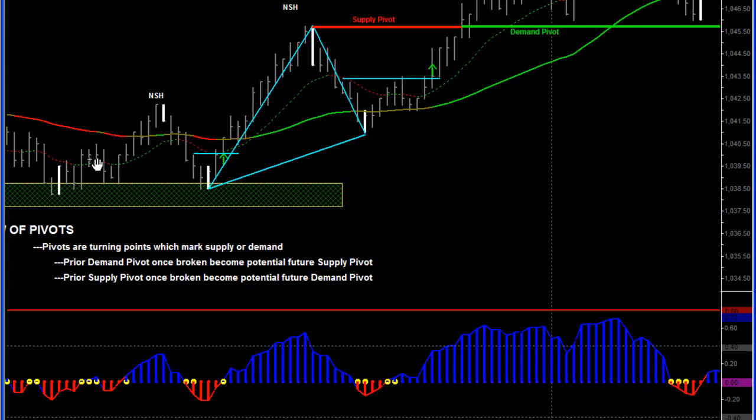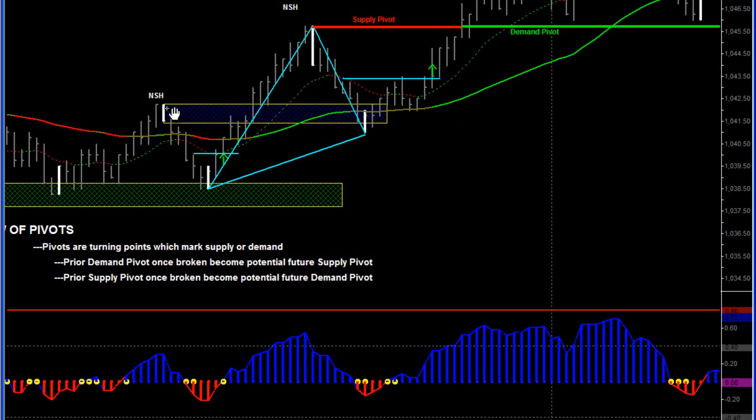So let's just demonstrate here. We saw earlier that we had the demand zone down here. We made a new swing high. We pulled back and held at the demand zone, subsequently pushed up and made another new swing high. So on any subsequent pullbacks, this prior swing high now becomes an interesting level for support to come in.